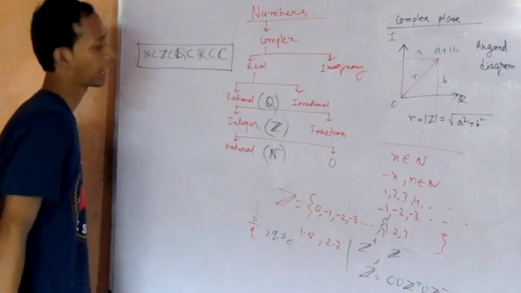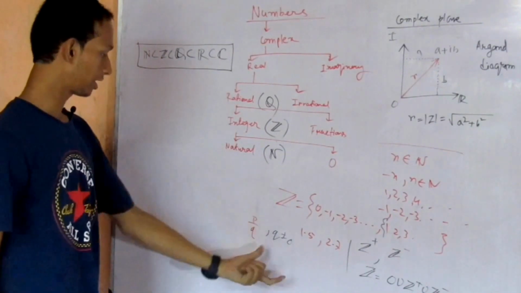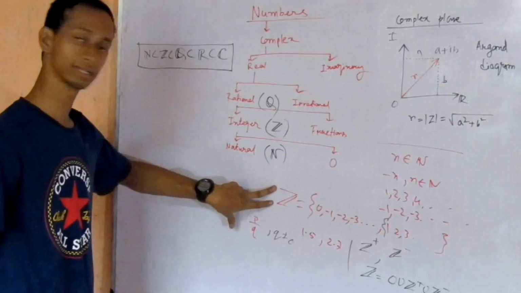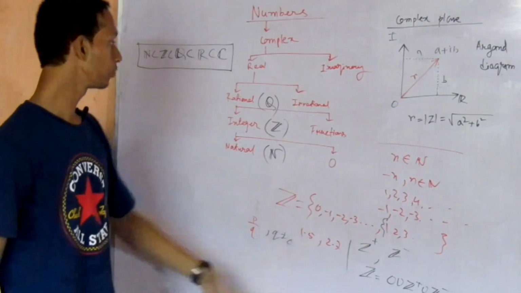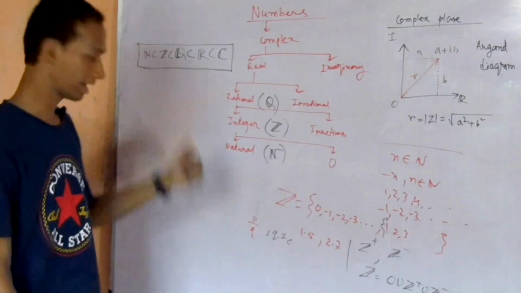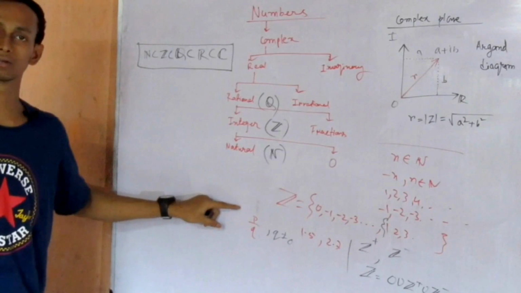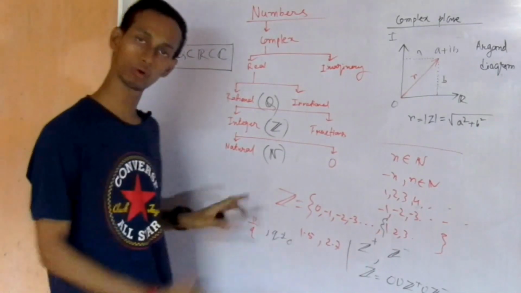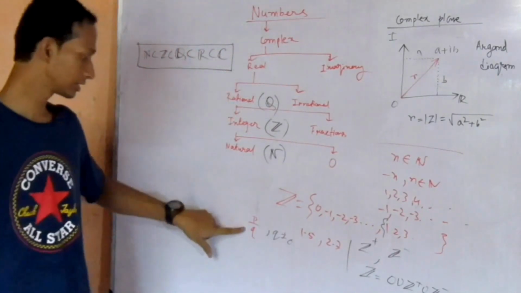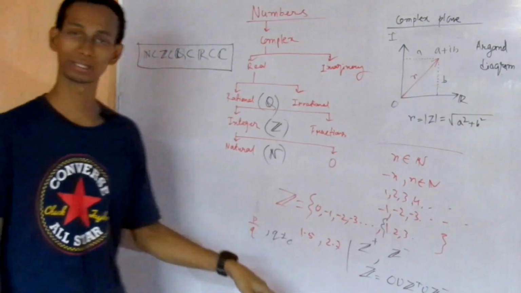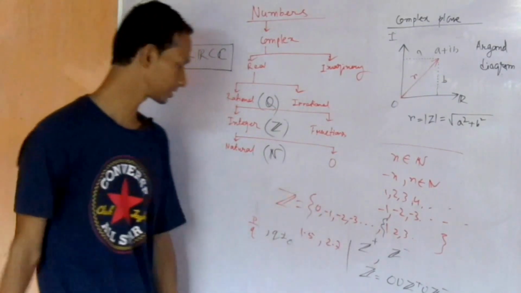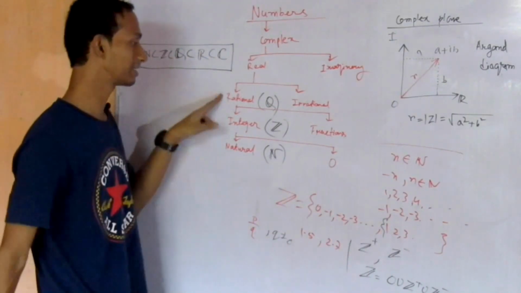Adding the integers to the fractions, we get the rational numbers, which are always in the form p by q, where p and q are both integers, but the denominator q cannot be 0.